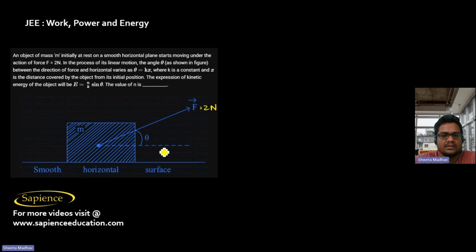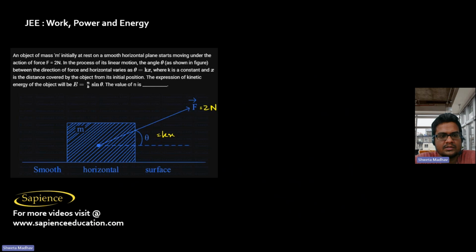In the process of its linear motion, the angle theta, as shown in the figure, between the direction of the force and the horizontal varies as theta equal to kx, where k is a constant and x is the distance covered by the object from its initial position.